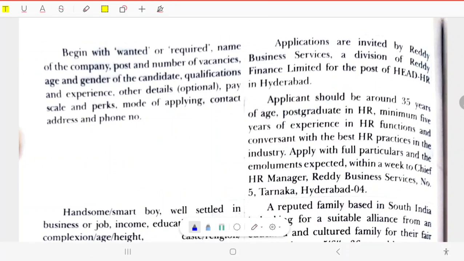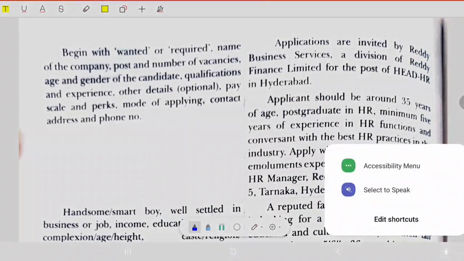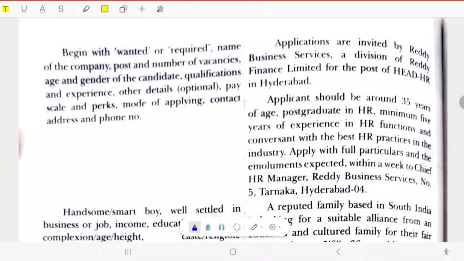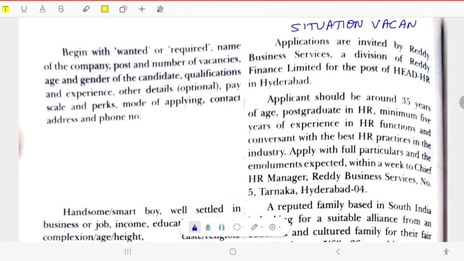Let's see the first example, situation vacant. First of all, you have to give the heading. The heading will be situation vacant. Let's see what the question is.